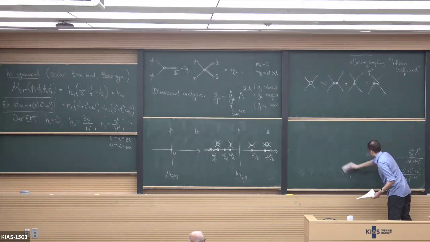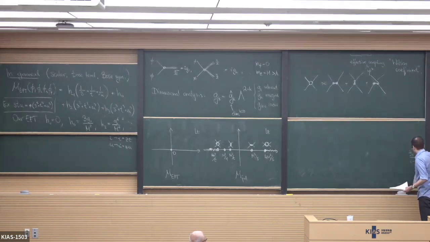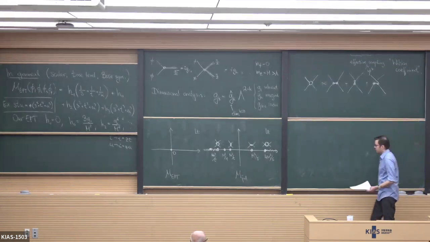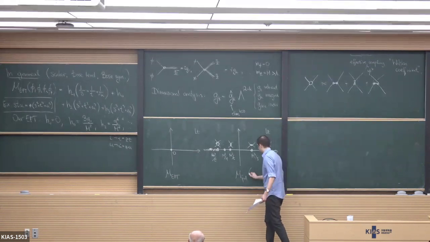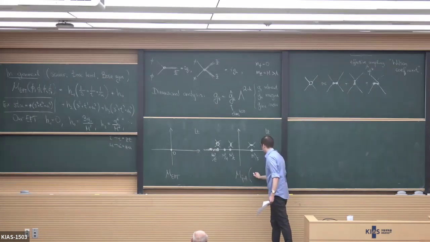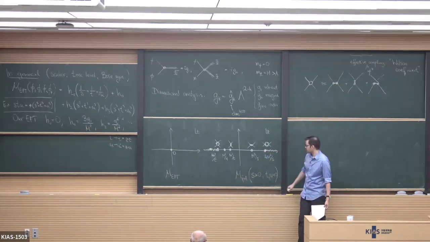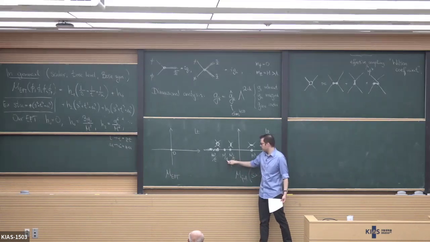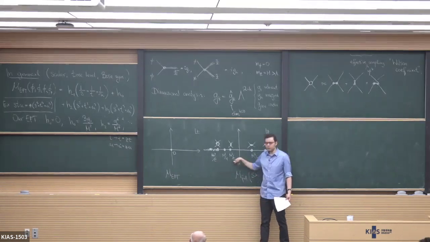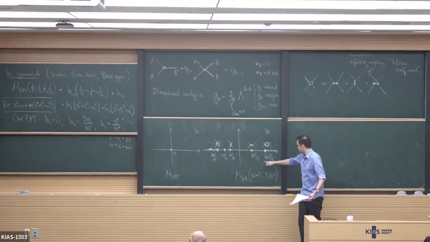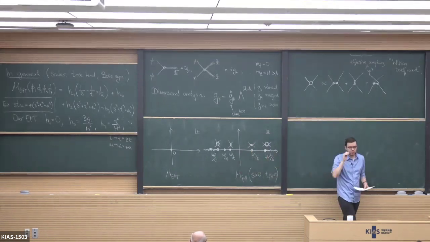I should have emphasized that what I'm doing here is using the kinematics in which s is positive, and t and u are negative. This is the reason why the things involving t and u are to the left, and the ones involving s are to the right.